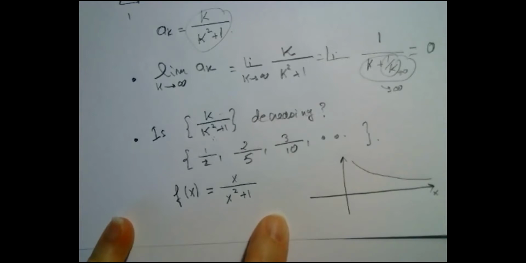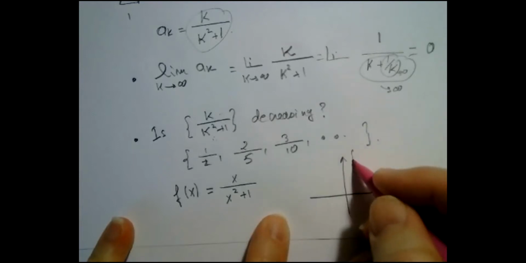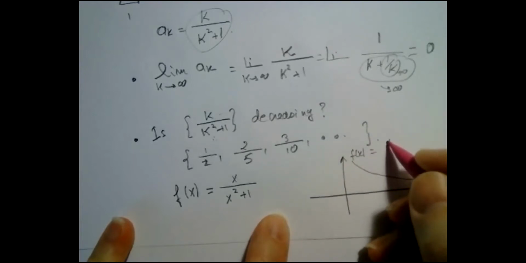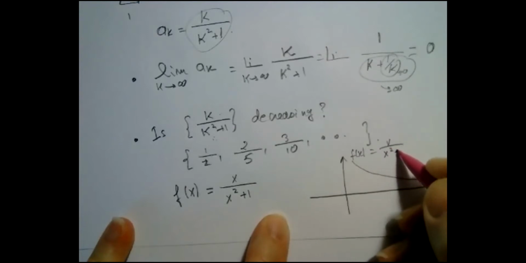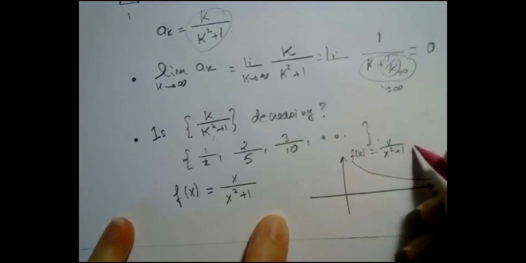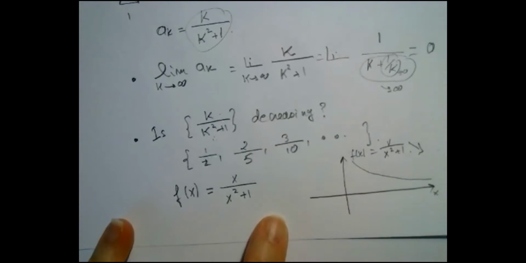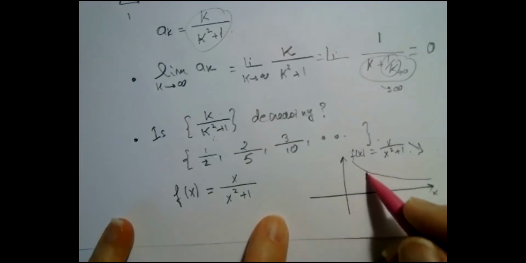Now, this function, f of x equals x over x squared plus 1, is of course a decreasing function if we graph it.